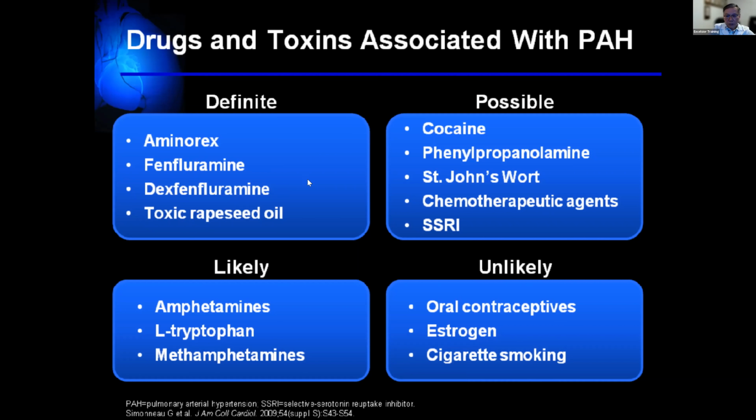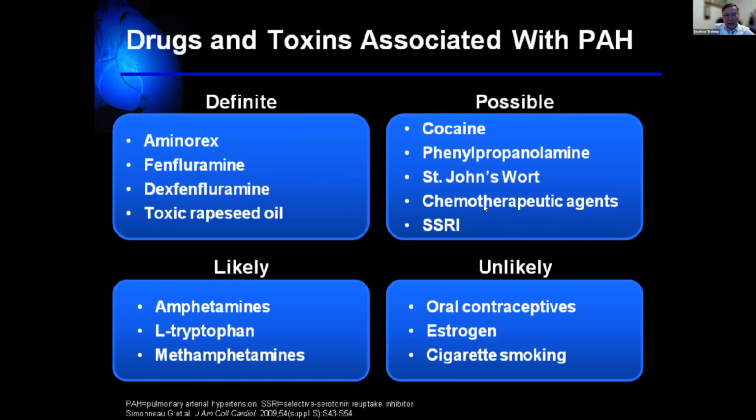These can cause pulmonary hypertension through the same mechanism of damaging the endothelium. Toxic rapeseed oil, canola oil, can lead to pulmonary hypertension. This is definite. And some of the sympathomimetic agents like amphetamine, methamphetamine can also cause pulmonary hypertension by causing severe vasoconstriction and damage of the endothelium.